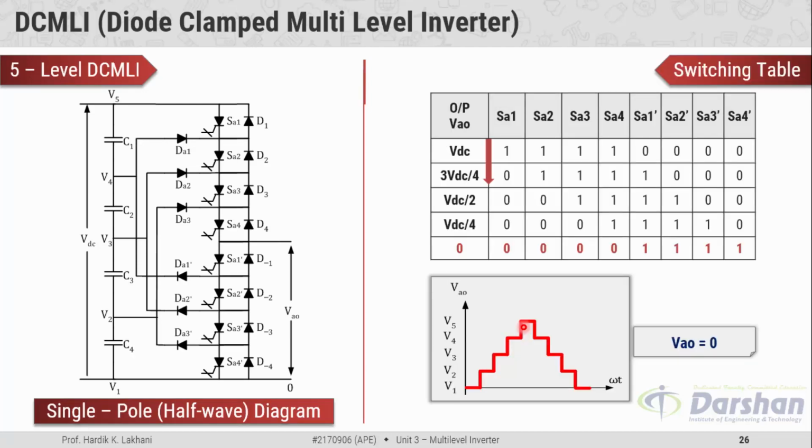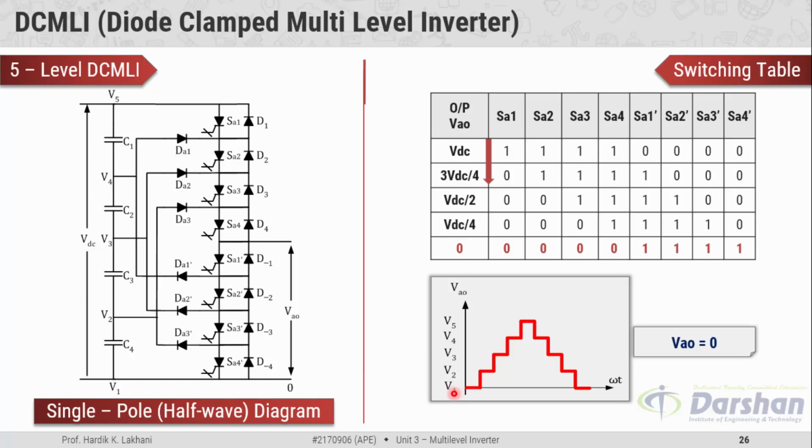So from VDC to 3 VDC by 4, and after some amount of time from 3 VDC by 4 to VDC by 2, and after some amount of time VDC by 2 to VDC by 4, and at last 0. That means jumping from V5 to V4, V4 to V3, V3 to V2, and at last V1. And this is how we can complete the half wave of AC output signal.